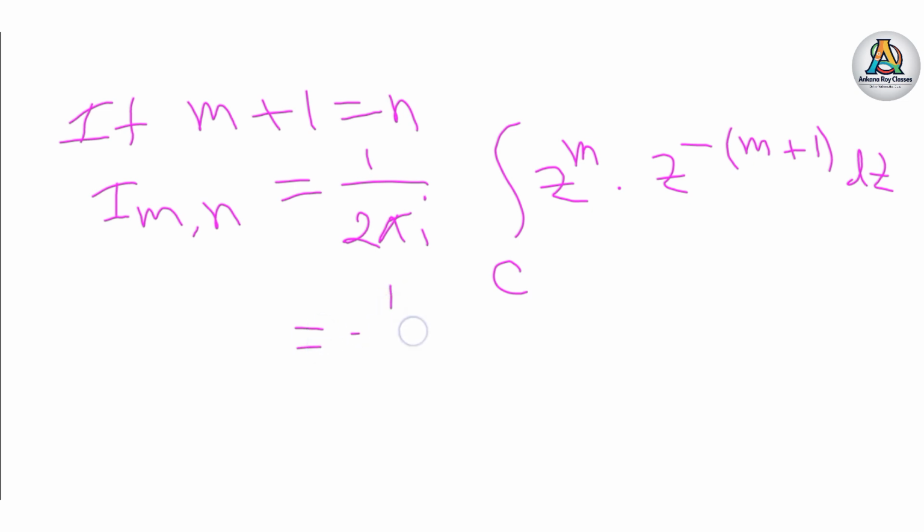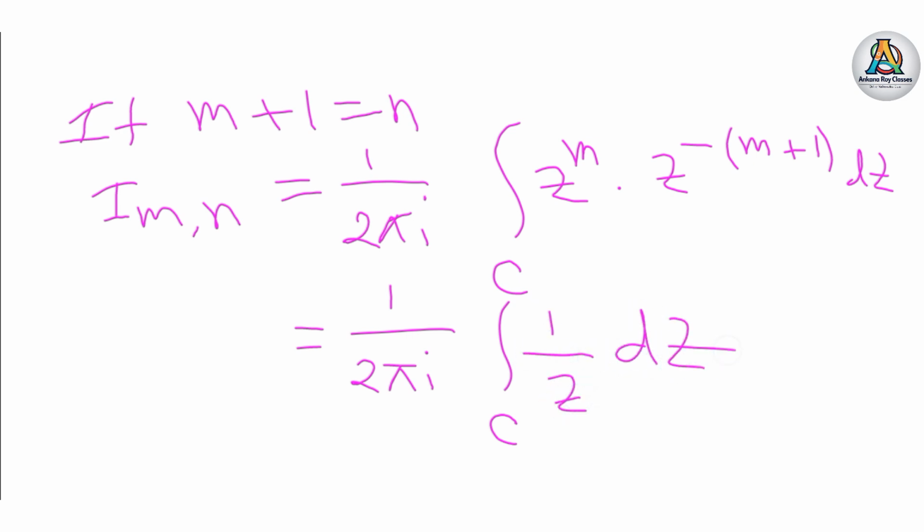This is equal to 1 by 2 pi i integration over C 1 by z dz. Now we compute this integration by using Cauchy's integral formula.